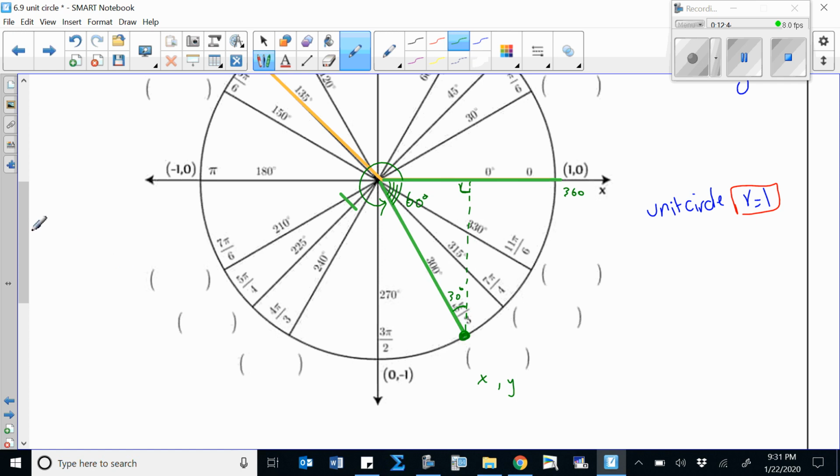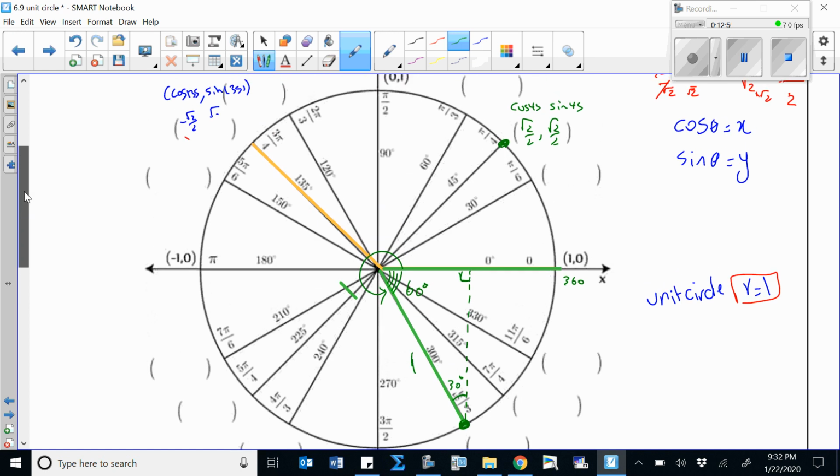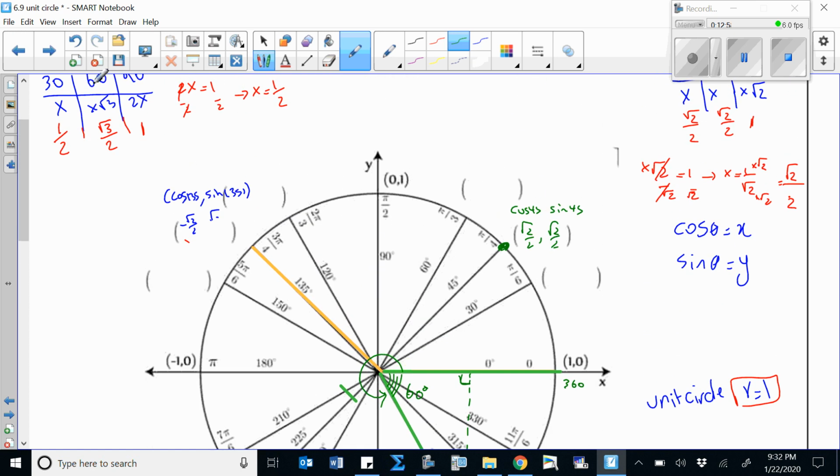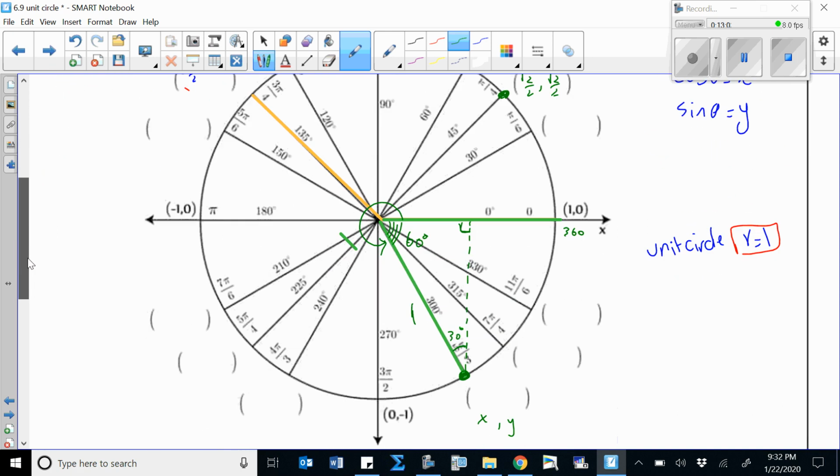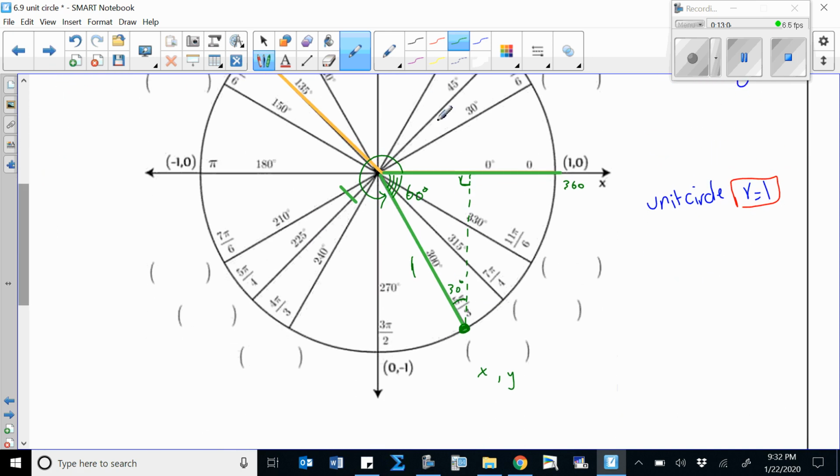Now let's go to the ratio of the sides. We know that this special right triangle has a hypotenuse which is equal to 1, because this hypotenuse is radius of this unit circle. Now, the ratio of the sides, opposite 60 is root 3 over 2, and opposite 30 is 1 over 2. Now I'm going to write opposite 30, 1 over 2, 60, root 3 over 2.